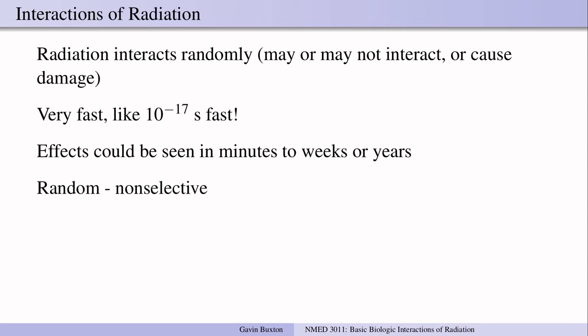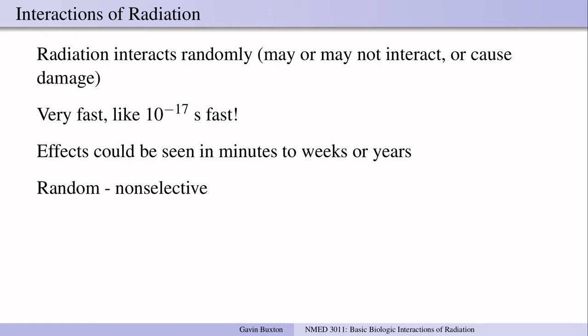Now, radiation is random. I know I just said that before, but it's important to emphasize that it isn't selective. So the radiation isn't targeting any particular area of the cell or the body or anything like that. However, we do talk about targets in this course, and we'll talk about targets a lot.